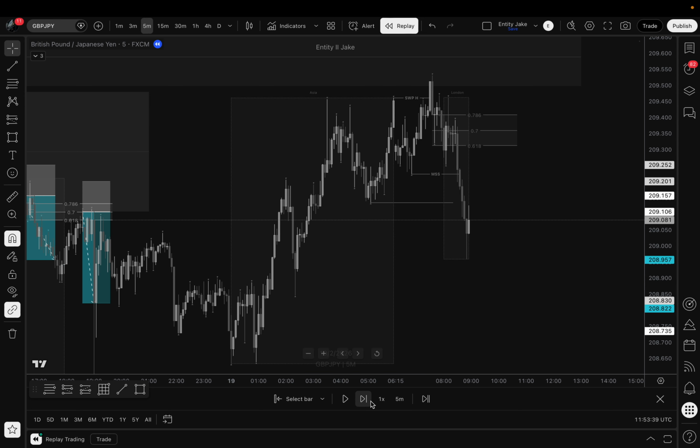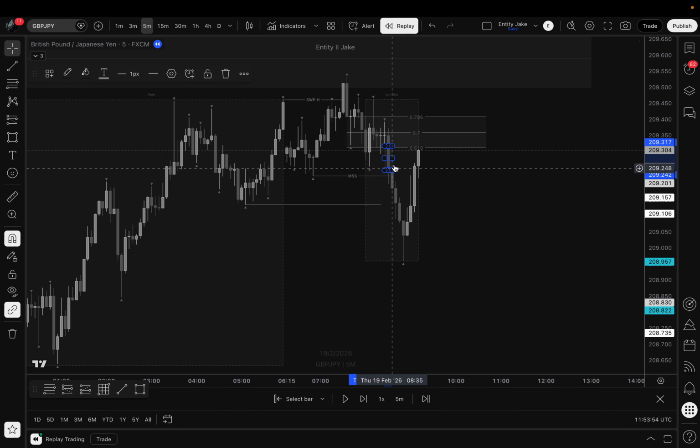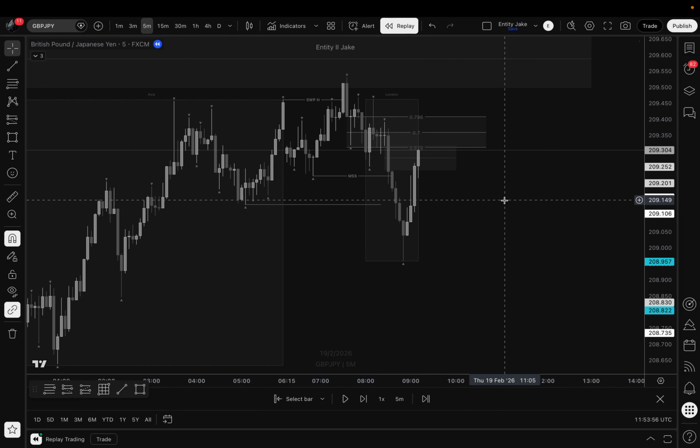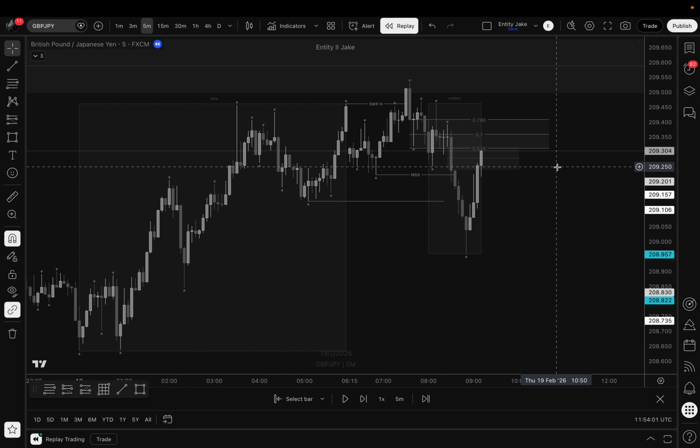So we wait for price to come up and tap any of these numbers really, but if you're using your eyes and your knowledge that we've already taught, we notice that this is a fair value gap. Also a great fundamental part of entering trades for us. So these two combined is a great entry for us.